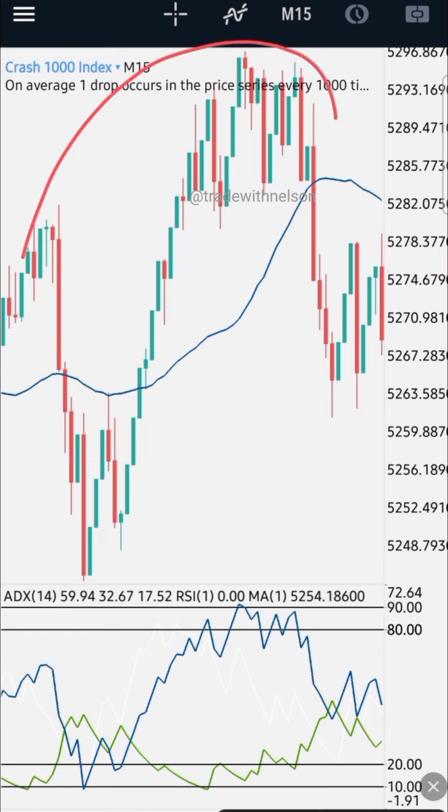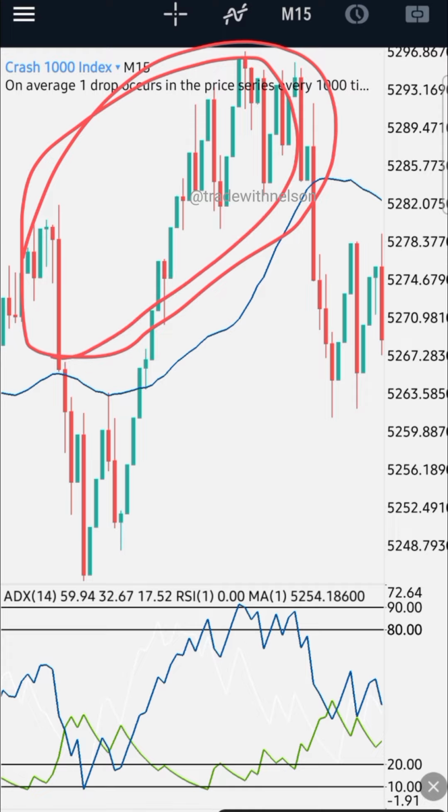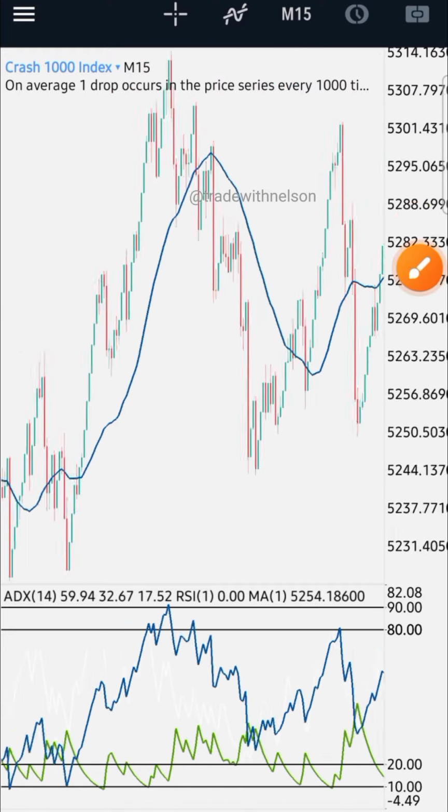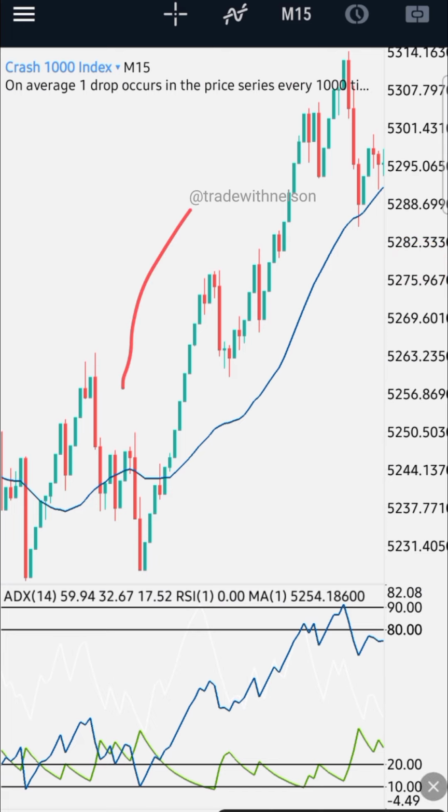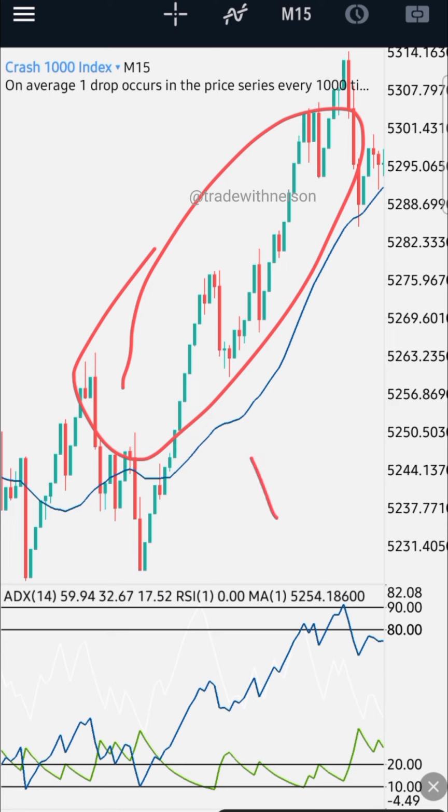So you want the market to be like this. This condition, where the market is above the moving average, is when we can buy in the Crash market, and that is when we have high probability setups.